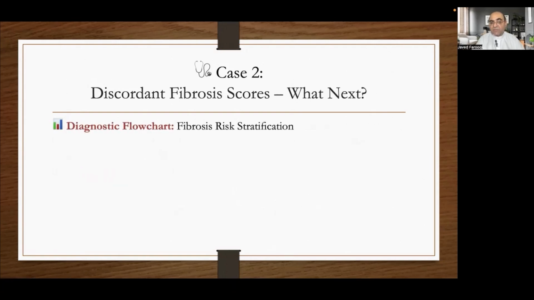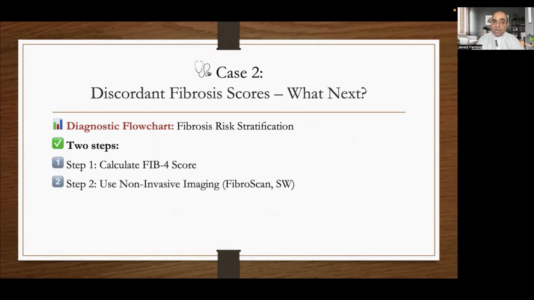What the diagnostic flowchart says: fibrosis risk stratification, 2 steps. In the first step, calculate the FIB4 score. And the second step is to use non-invasive imaging, that is FibroScan or shear wave elastography.